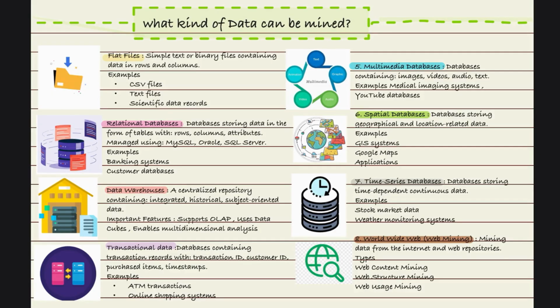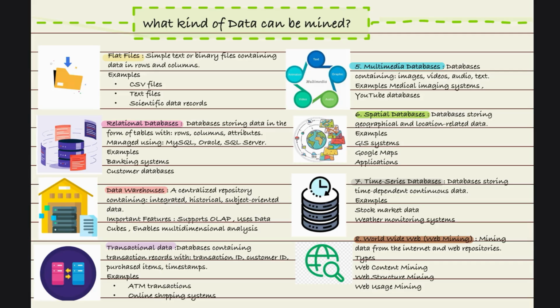So examiners love to test if you know the terrain, if you know the basics, right? So they will ask, mention the name of databases and repositories where data mining can be performed, or they will simply ask what kind of data can be mined. So you don't just write about databases, you write about these 8 types of domains in which data mining can be performed.